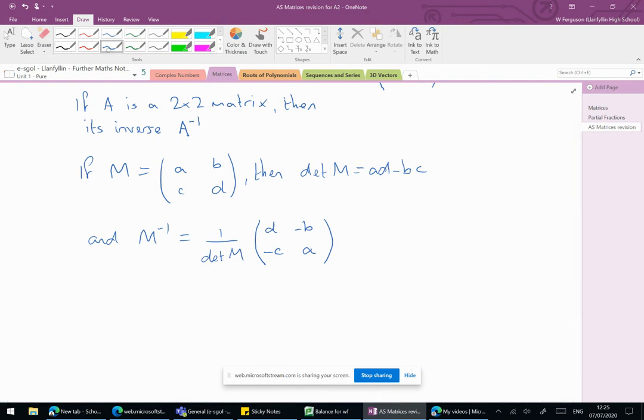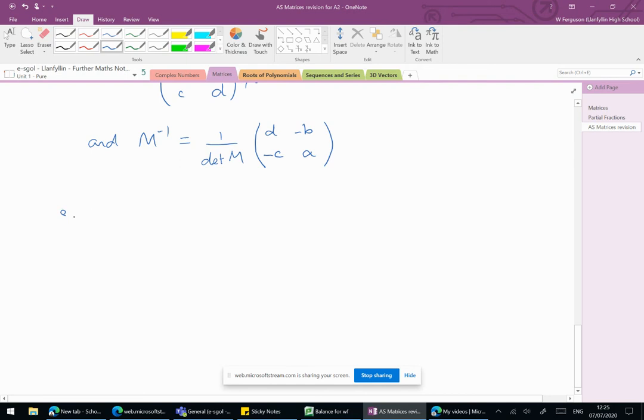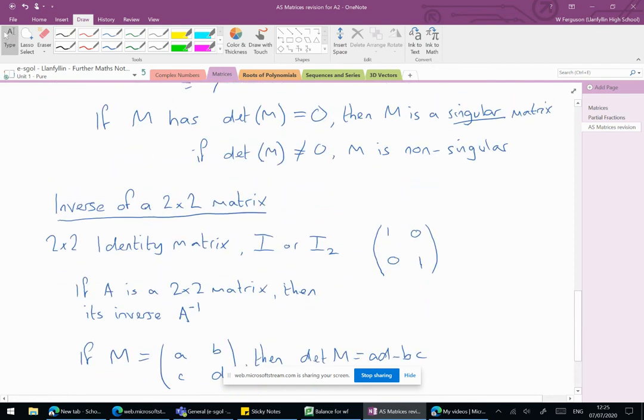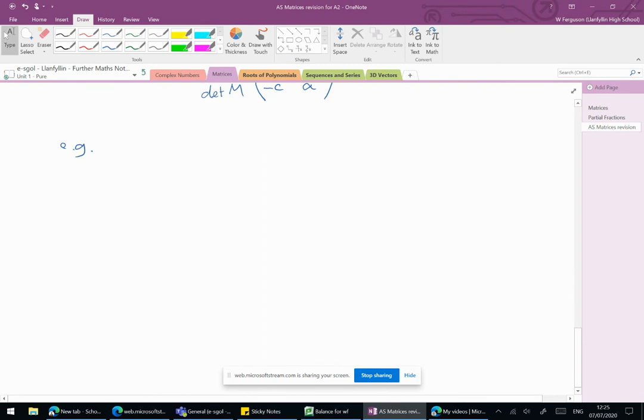So that's how we go about finding an inverse matrix. Let's just do a quick example. So, for example, let's take that one that we did multiplying there, 6, 5, 1, 2.